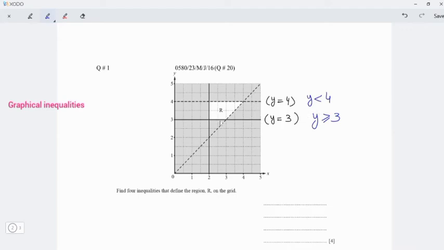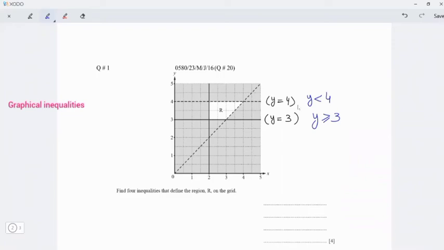So if the line is parallel to the x-axis, or passing through a point on the y-axis, we simply see whether the region is above this line or below. If it is above this line, we put a greater than sign, and if the region is lying below that line, we put a smaller than sign.